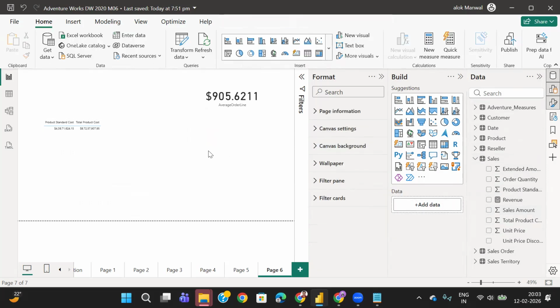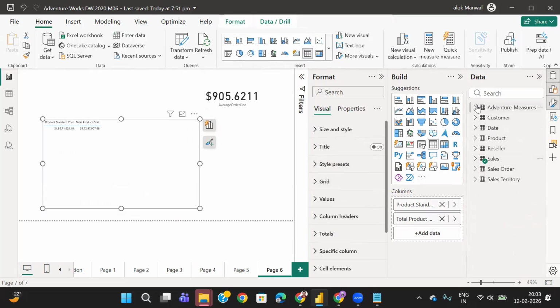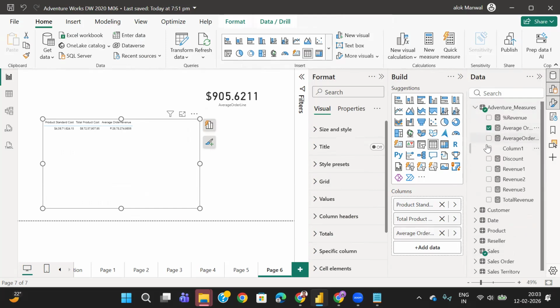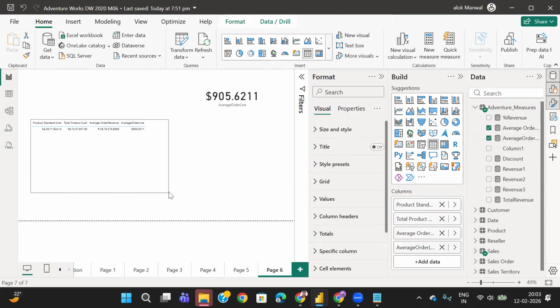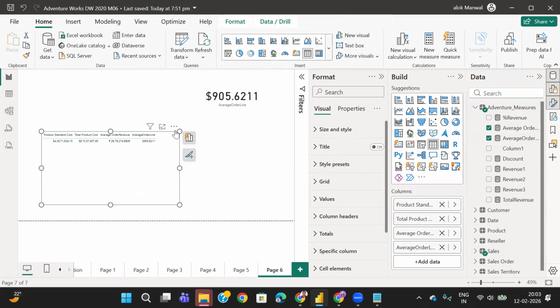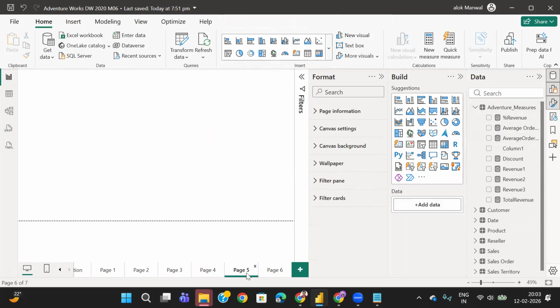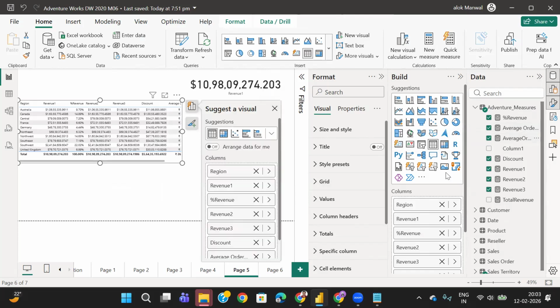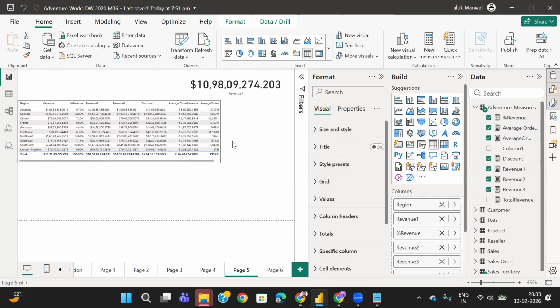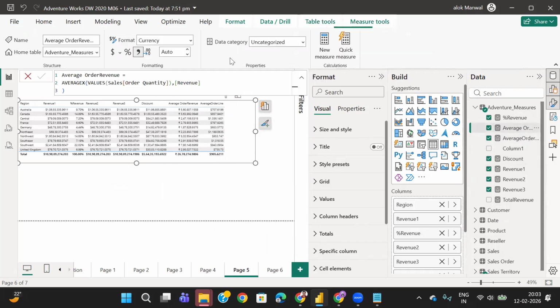Now I'm picking the order line, this one, and this one. This is the average. Remove it. I'm just putting it here. It should look like this one. This way we calculate the average per order line and average per order.